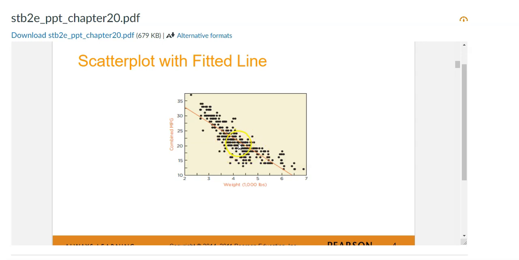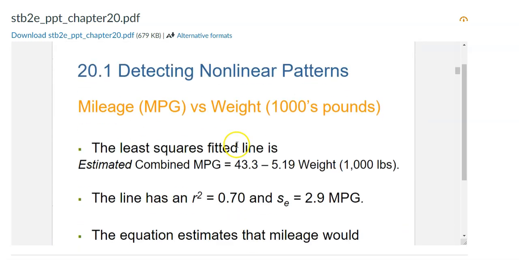Points are supposed to be approximately, on average, equally distributed around the line, not the majority on one side and the majority on the other side. Does that make sense? So this is a sign of a problem with the model, because this model is not actually representing our association or relation here.